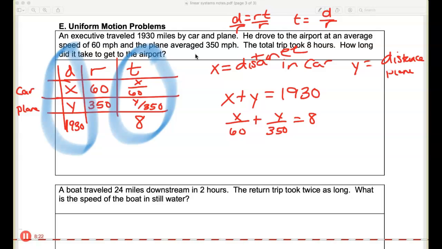Well, one, we could get rid of our fractions.